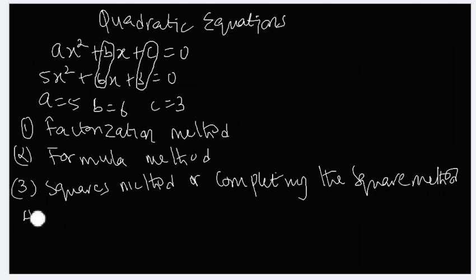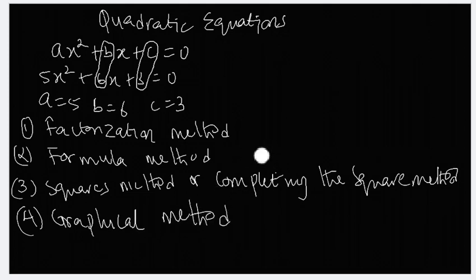And you also have the graphical method. So these are the methods of solving quadratic equations. But today we're looking at these 3: factorization method, formula method, and squares method.